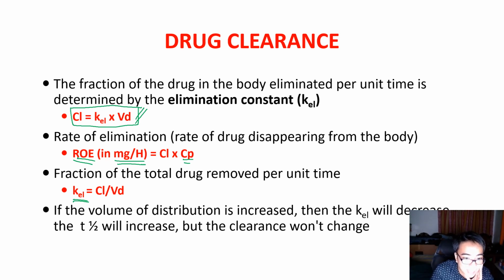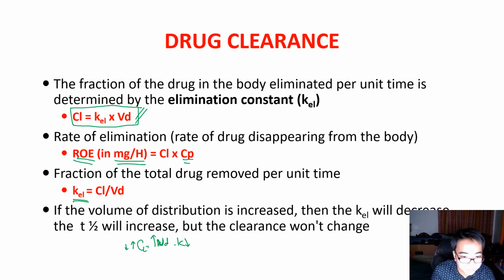So, di ba sabi natin, class, clearance equals VDK. VD times K. So, meaning, class, clearance is directly proportional to VD and K. So, an increase in volume of distribution, then there is going to be an increase in clearance. Okay? When the rate of elimination, class, okay, will decrease, then obviously clearance will also decrease most often than not.